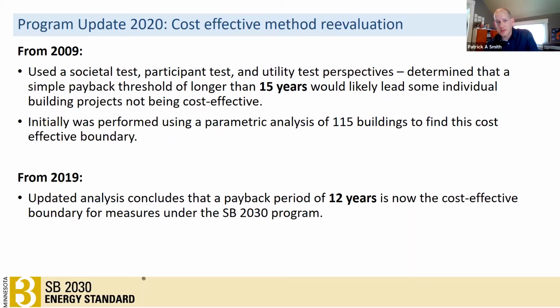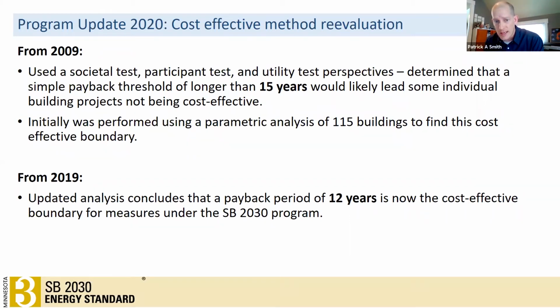In the initial run of this, we looked at over 100 buildings and a bunch of conservation measures, and landed on a test of 15 years simple payback as the limit to what we could consider cost effective. That is, if an individual measure comes back within that payback period. And so that becomes essentially the window of efficiency that we can ask for under the program, that 15-year payback.